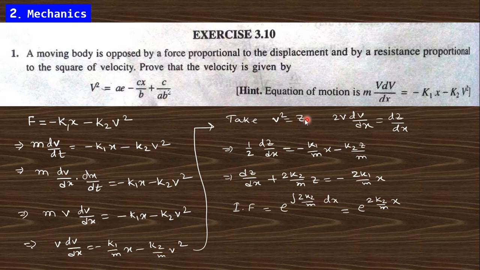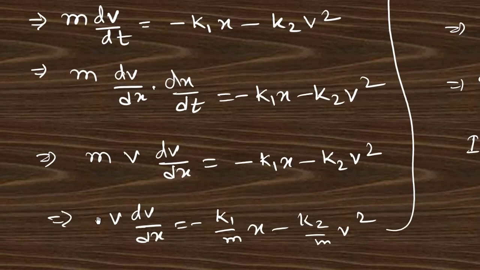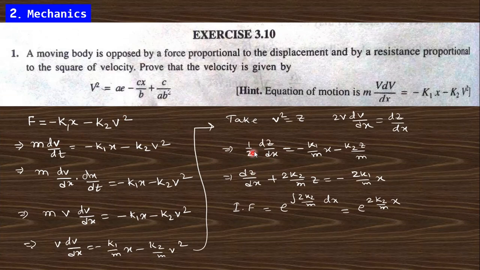Now if you take v squared equals z, you will get this derivative and put it in this equation. Sorry, what happened? Oh, right.